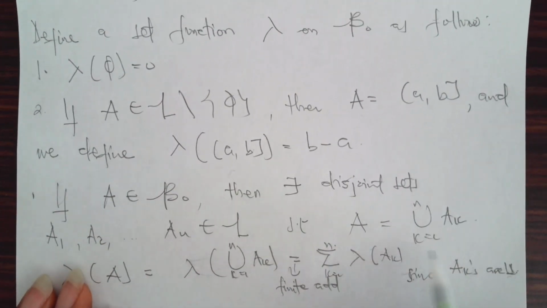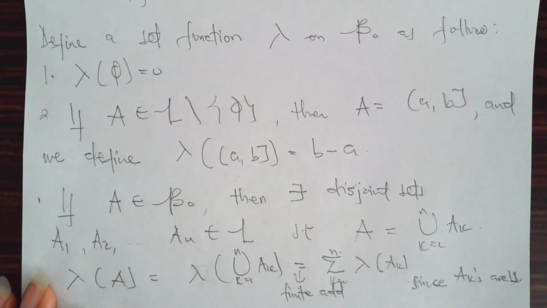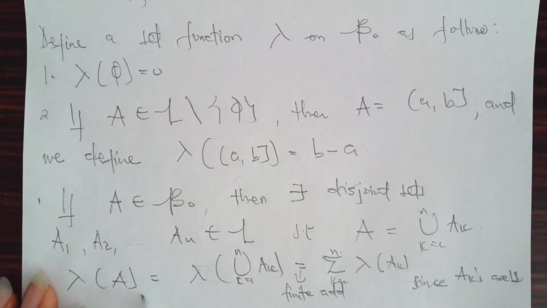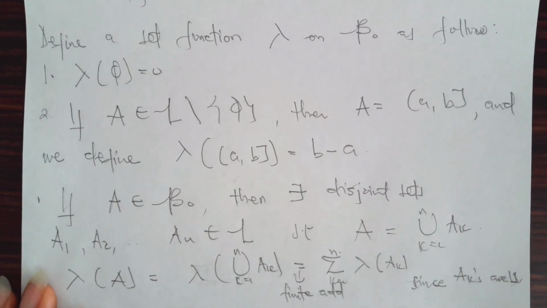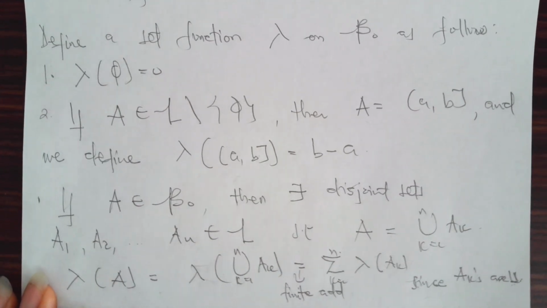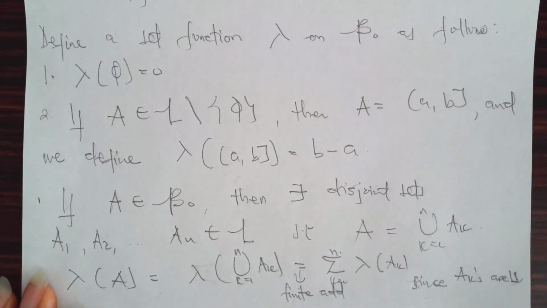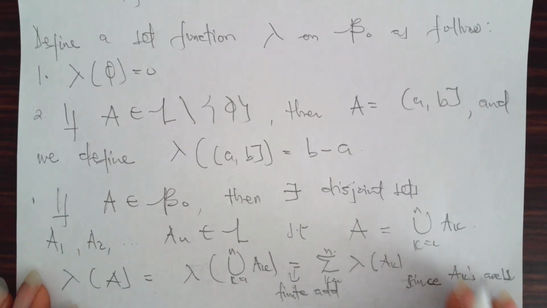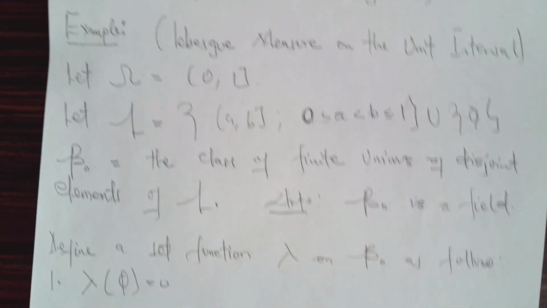The Lebesgue measure of A is equal to the Lebesgue measure of the finite union of these A_k, and this is equal to the finite sum of their individual Lebesgue measures. We can write this because the A_k are disjoint, which implies that A1 intersection A2 is equal to the empty set. So this is the first part of the lecture.